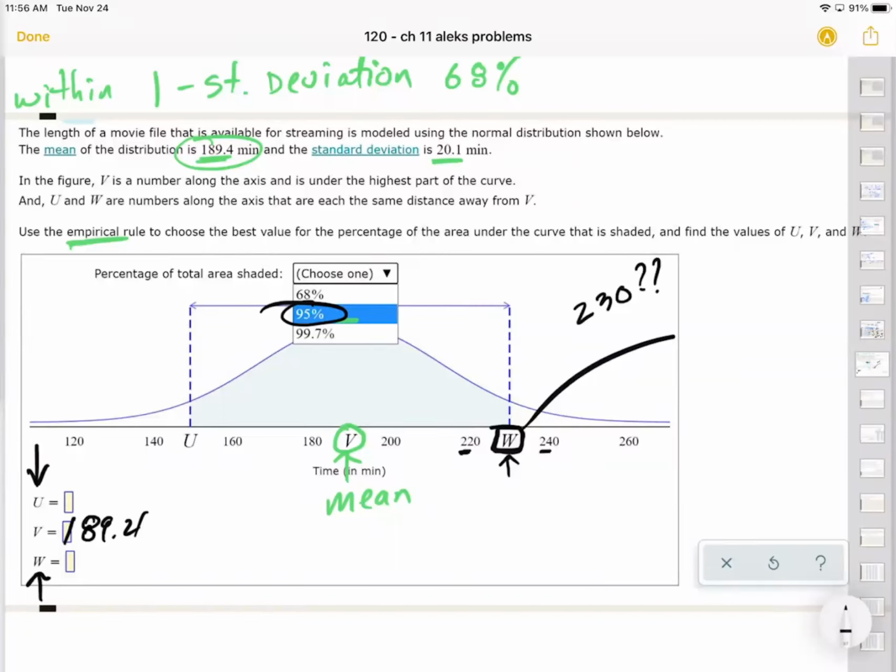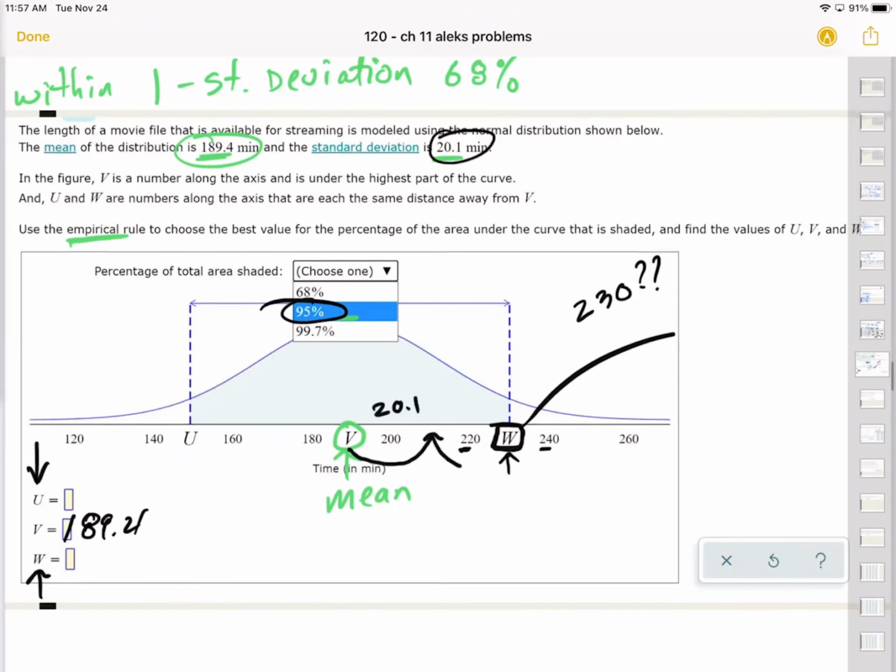If you remember my empirical rule, every time you take one step, what do you add? You add this much. How many steps do we need to move from one unit to the next? This is what I showed you last time: you ask yourself, from V to W, how many steps you take.